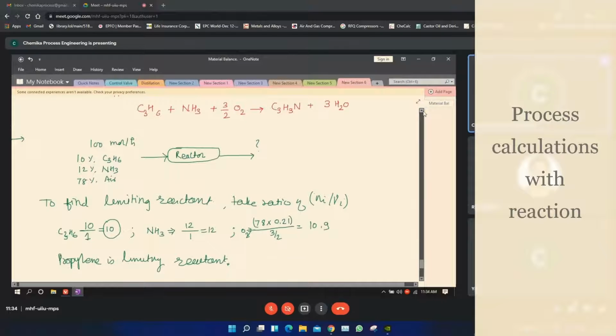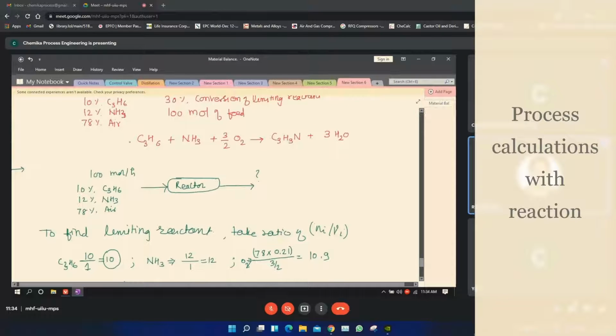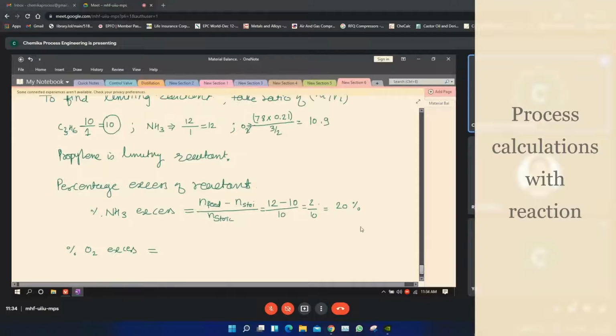As per the reaction, 1 mole requires 1 mole of ammonia. So for 10 moles of propylene, how much ammonia is required? Again 10 moles, right? So we talk in terms of moles here, not percentage. We convert to percentage by multiplying by 100.